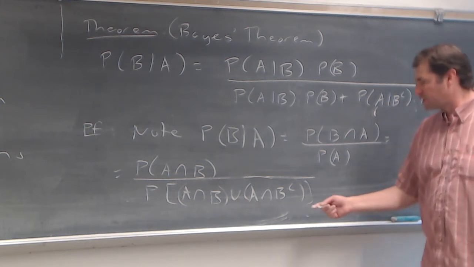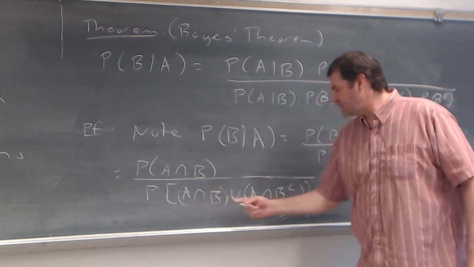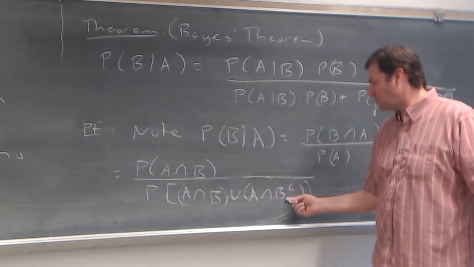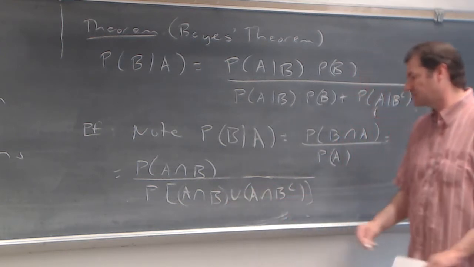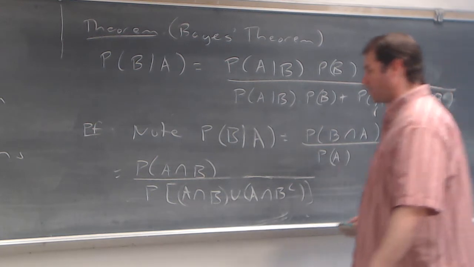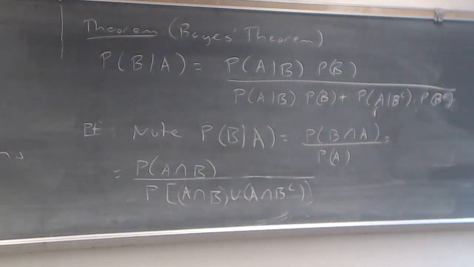One thing I want you to notice is that A intersect B and A intersect B complement don't have anything in common. So they're mutually exclusive events. And so we can rewrite that probability. The probability of the union is the sum of the probabilities.